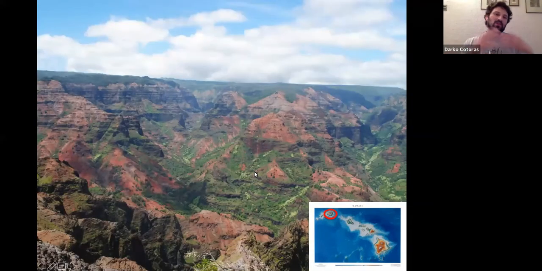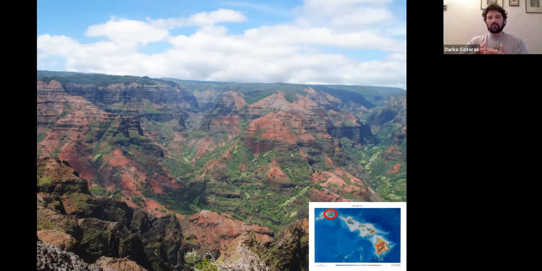The Waimea Canyon is another example of a very spectacular erosive event. In this case, it is not produced mainly by the river running at the bottom, but produced by another factor. So if you can watch my camera, with my hands, I'm doing what would look like some sort of paleo Kauai volcano. Eventually, this volcano eroded, but only half of it. So then, with time, it gets filled up with lava again, and each of these halves has about 1 million year difference on the age.